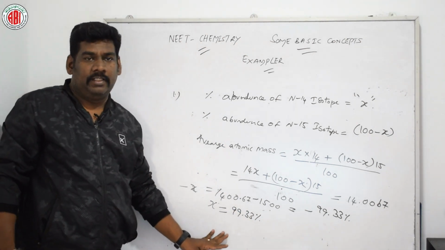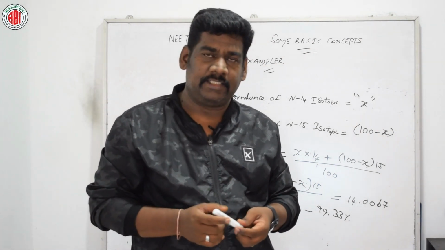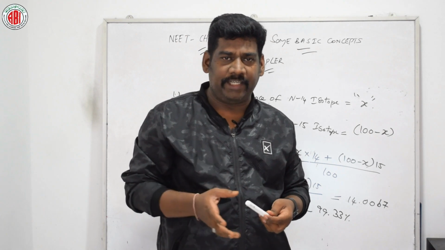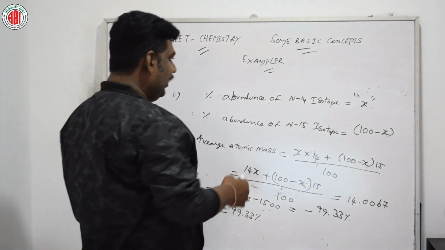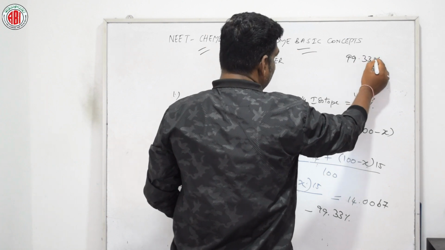Thus the percentage abundance of the nitrogen 14 isotope is around 99.33%.